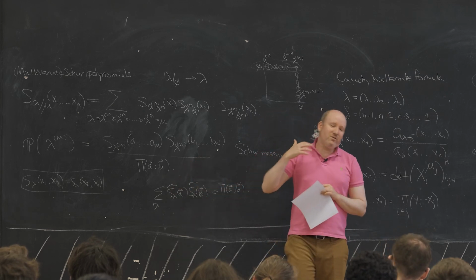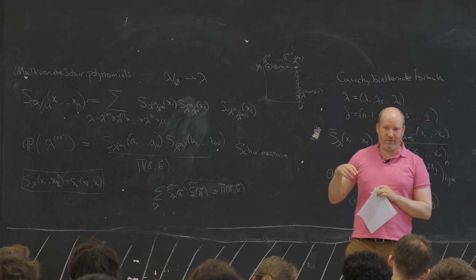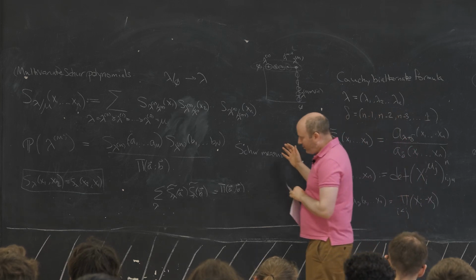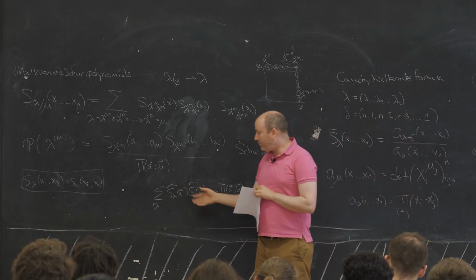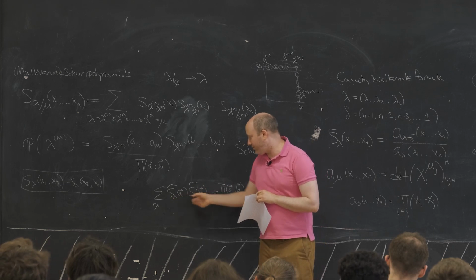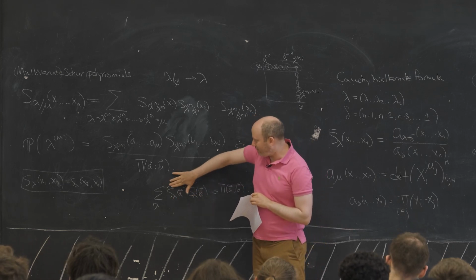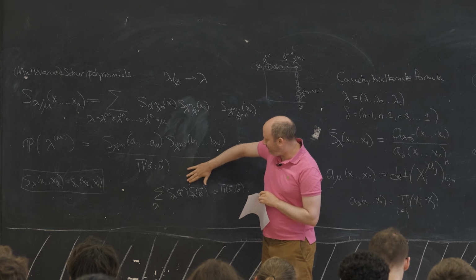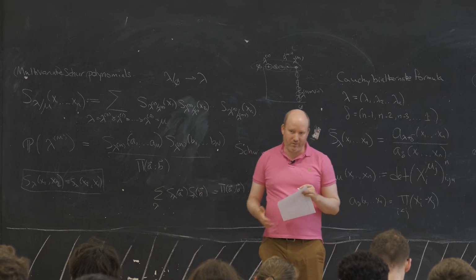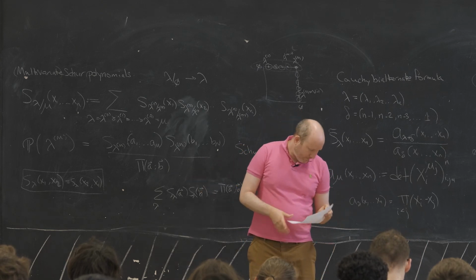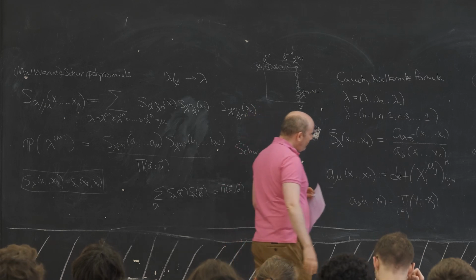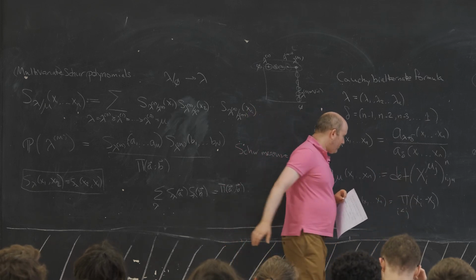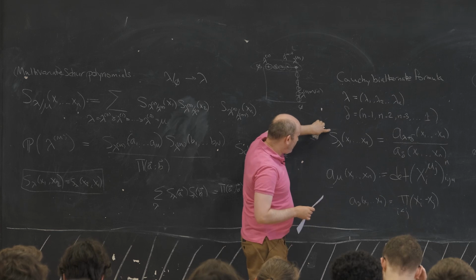But you can then use some tools of symmetric function theory, in particular orthogonality relations, to prove that, in fact, if you know that this is true, then you know that the S and the S lambda are the same. And those are the details that you can see worked out in the other set of notes.